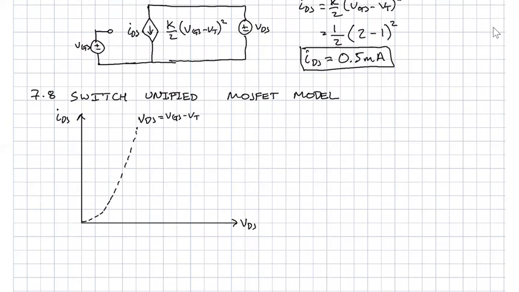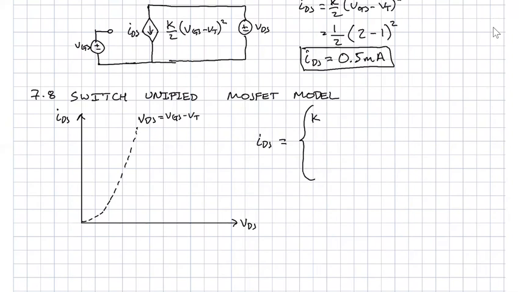And so what we're going to do is, I guess I'll just write the equations. So in this model, now we're going to have a more complicated formula for the drain source current in triode. So we'll start with that one.